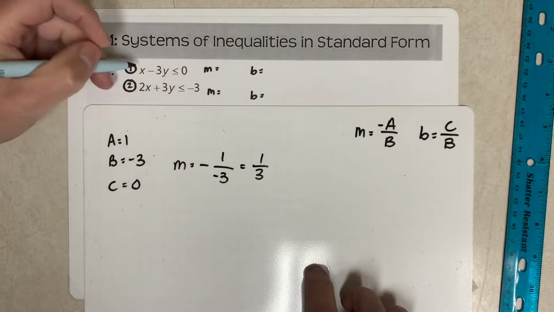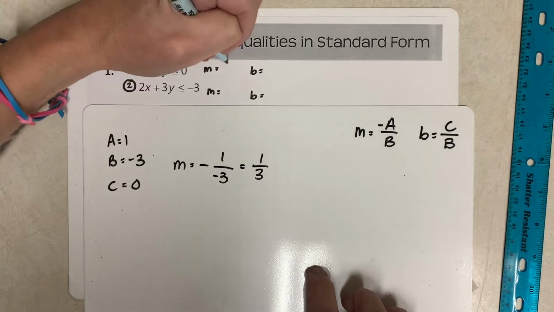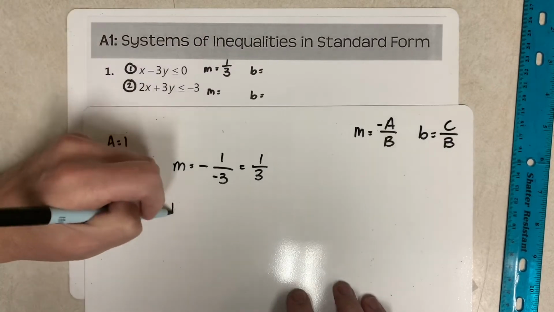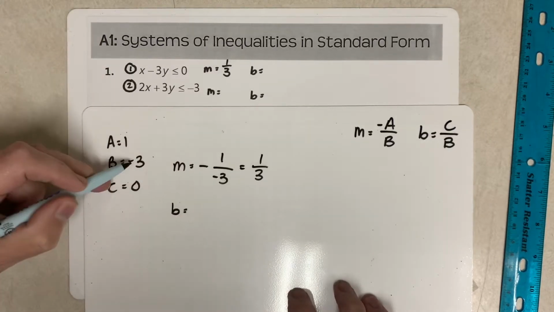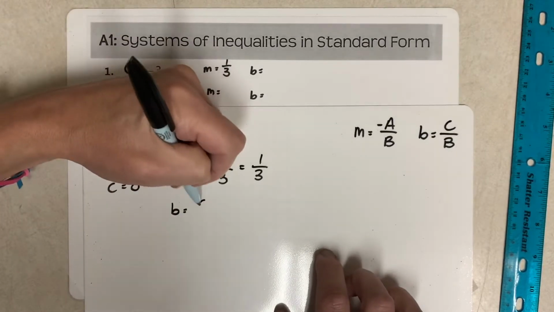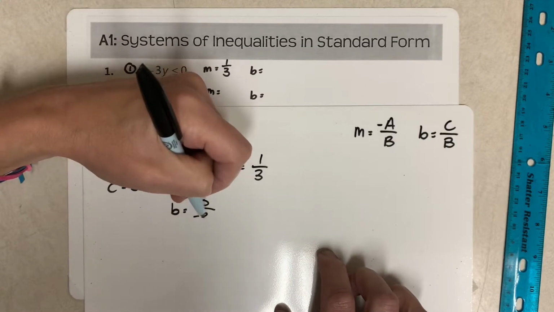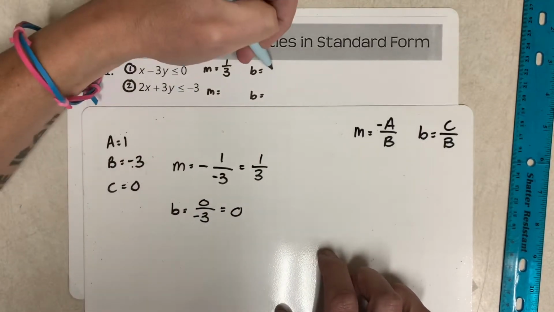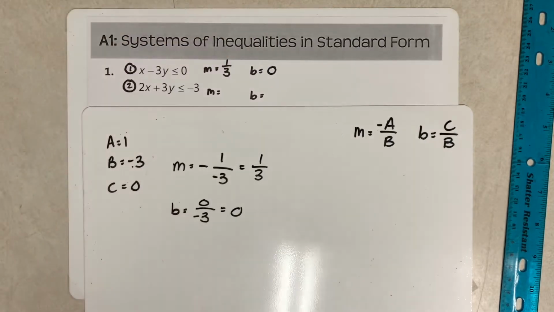So my slope for this one is +1/3. Now I'm going to write that down up here. My y-intercept is going to be c over b, so that's 0 over -3, which simplifies to 0. So I'm going to put a 0 here for that y-intercept.